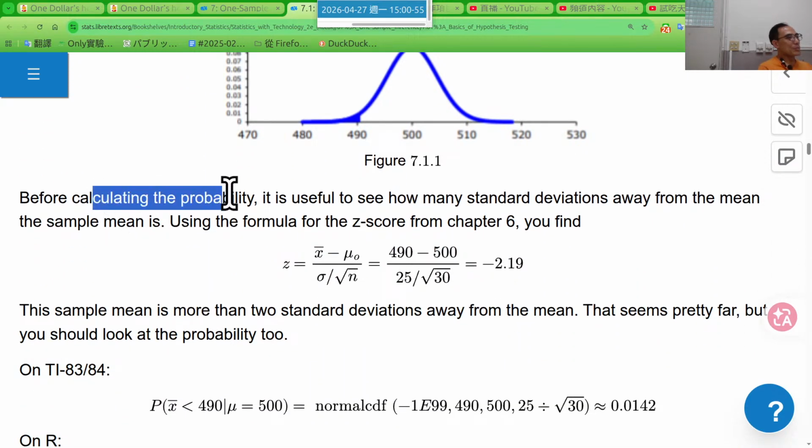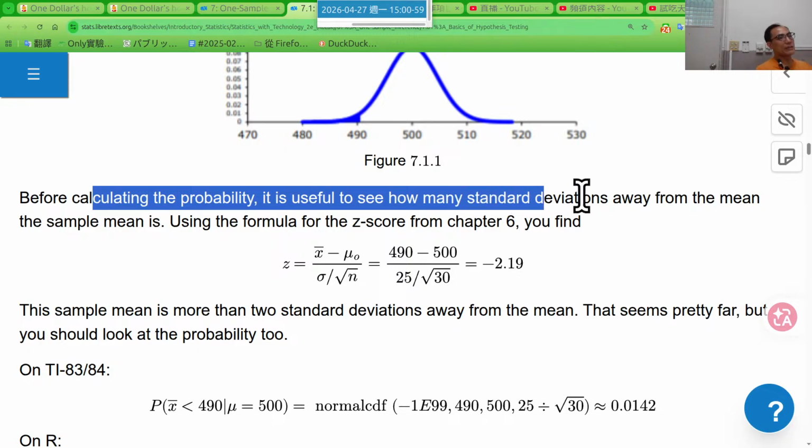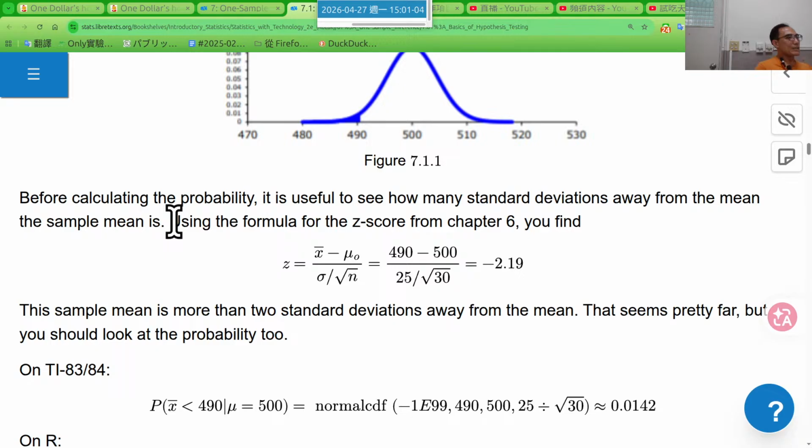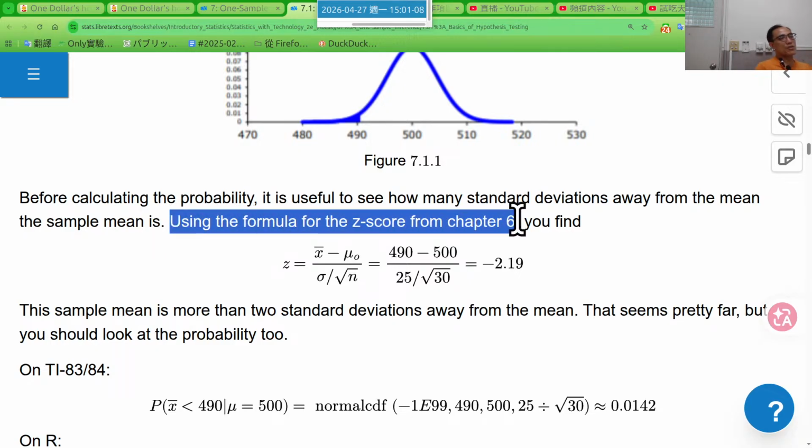Before calculating the probability, it is useful to see how many standard deviations away from the mean the sample is. Using the formula of z-score in chapter 6, we will review later.